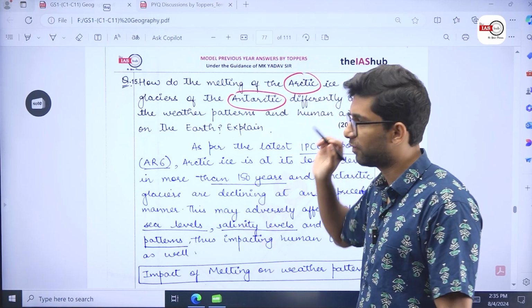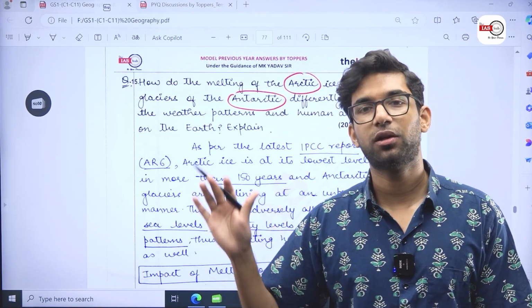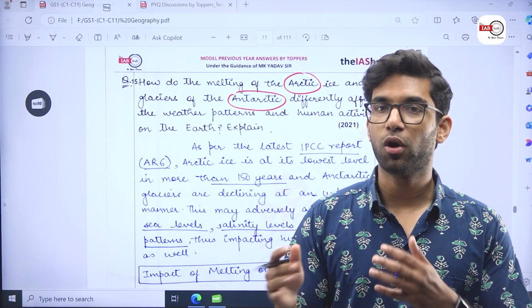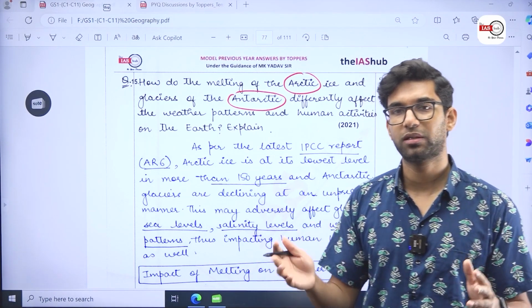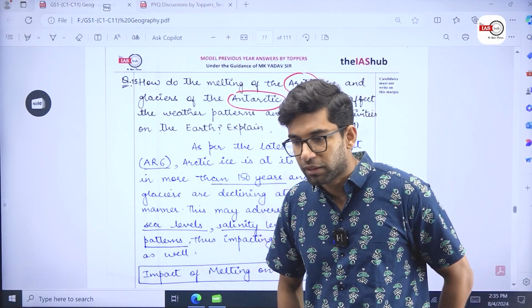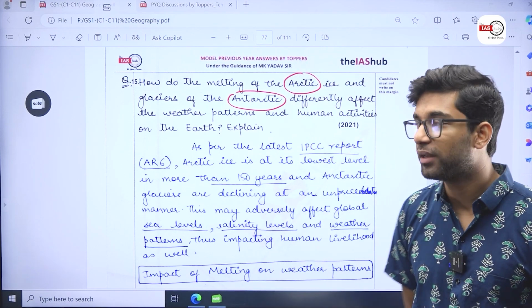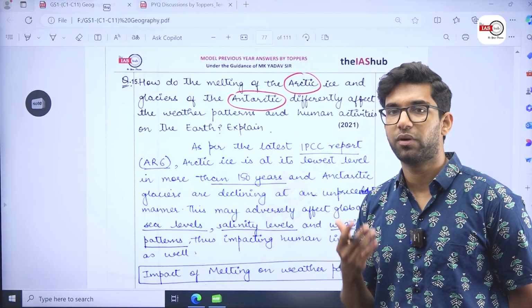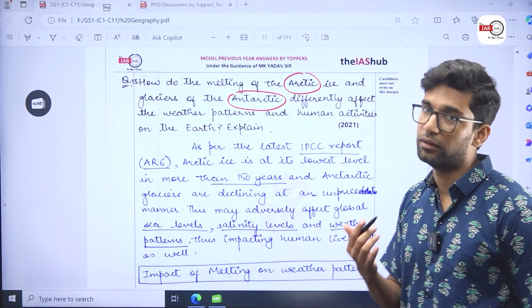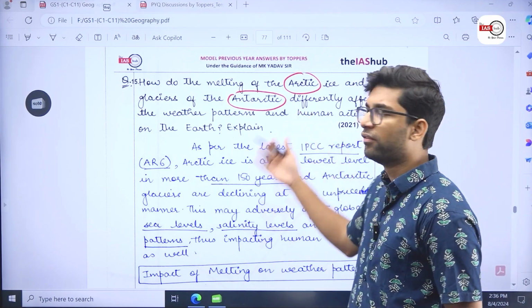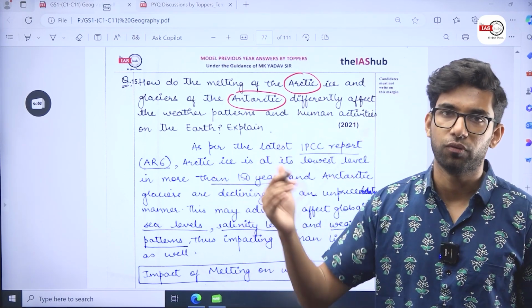You need very specific data to substantiate your points here, which an average UPSC aspirant would not have. So your scope for innovation, your scope for adding specific points in this question is very limited. I don't think this is scoring either. My opinion is to finish this question as early as possible and go forward.